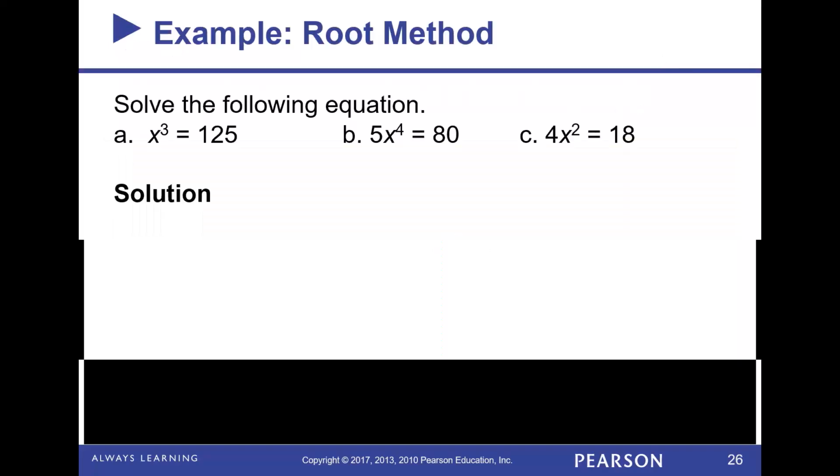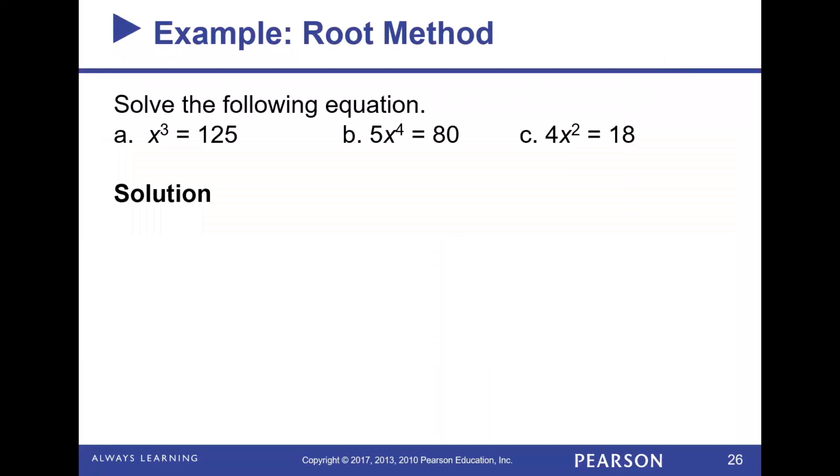So let's look at the root method. When using the root method, one of the first things that you want to begin to notice is that as you're looking through all of these examples here, none of these actually show anything besides one x value term, okay? So you'll notice that there's only ever going to be one x value term, and then a constant. This is when you know that you can employ the root method.